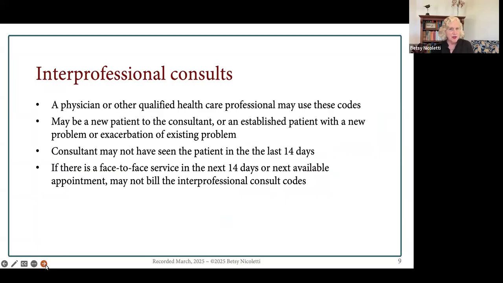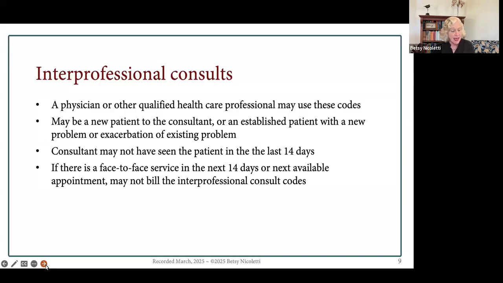So these interprofessional consult codes, these CPT codes, can be used by a physician, nurse practitioner, physician's assistant, clinical nurse specialist, certified nurse midwife. It can be for a new patient to the consultant or an established patient with a new problem or an exacerbation of an existing problem. So new problem or existing problem.